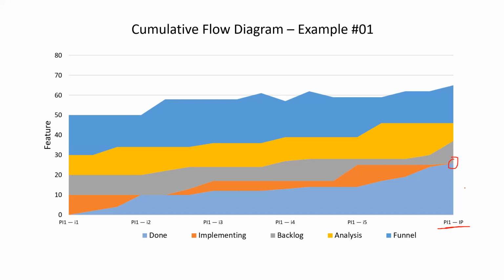Okay, got it. You got the point? Yeah. So by looking at the current information, now at this point of time, 7 o'clock in the evening, tomorrow in the daily stand-up, you can ask your team, hey, nothing is in the implementing. What's the next step? How do we as a team want to go ahead with this?